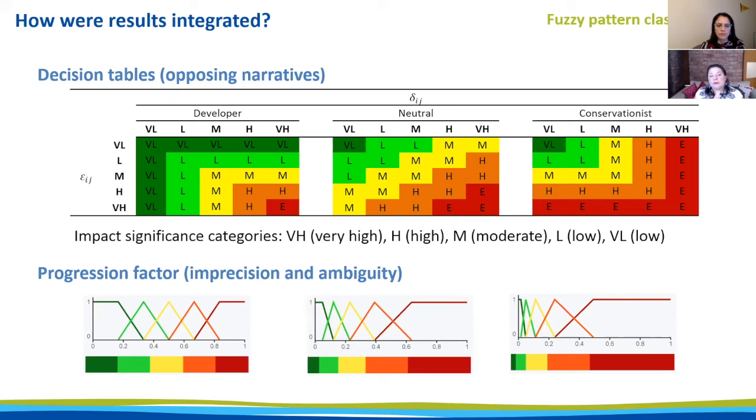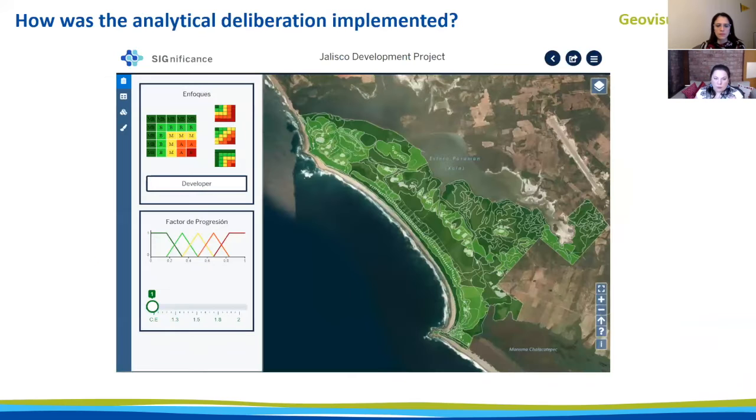Additionally, a grading of different category cuts was tested through the modification of the progression factor. So to facilitate deliberation, the algorithm was integrated into a geovisualization web-based platform called Significance that allowed for the examination of different spatial representations. So I'm going to show you how this looks.